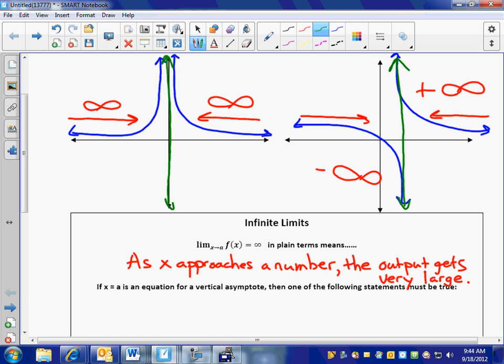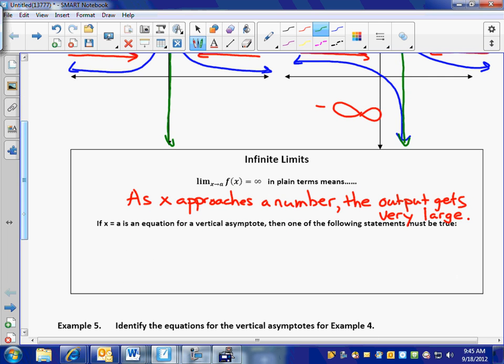To save time, instead of filling this all out, it says if x equals a is an equation for a vertical asymptote, then one of the following statements must be true. There's really 6 of them, but the idea is this: if the limit of the graph approaches infinity from either the left-hand side or the right-hand side, then there's going to be a vertical asymptote. Can you understand that? That's really what happens.